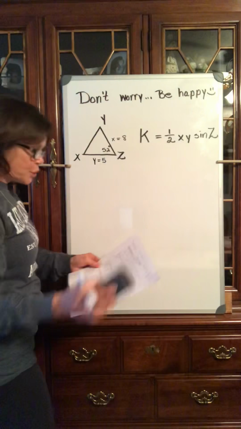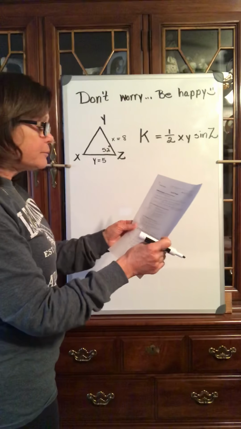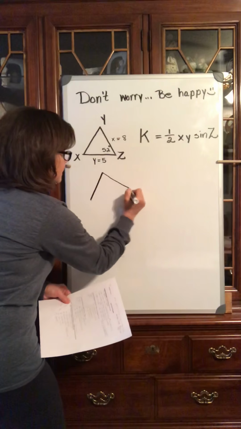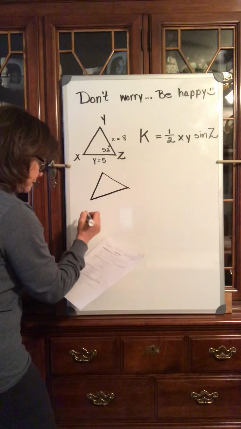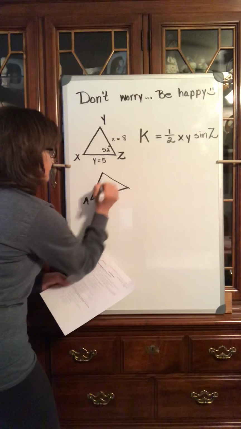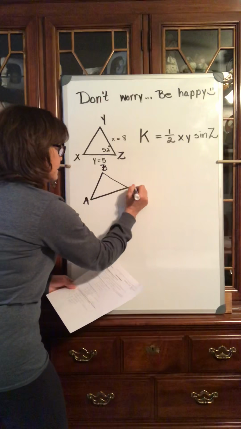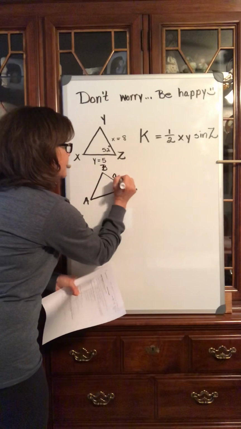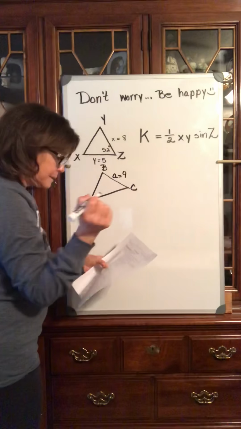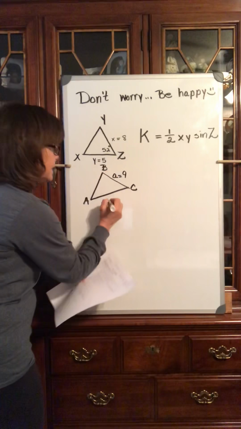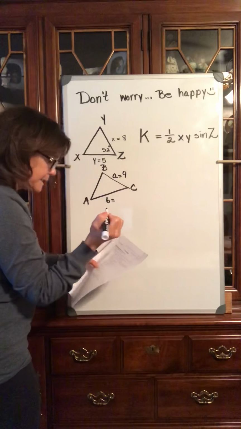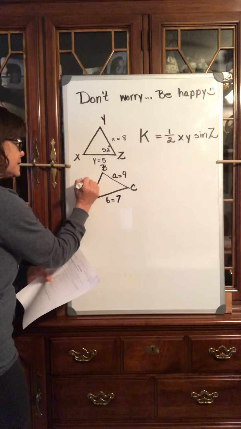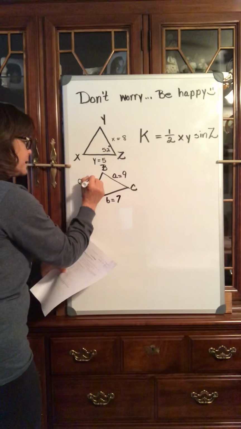In example number 2, find the area of triangle ABC. Again, not a right triangle. If lowercase a, so side A, is 9 meters, side B, which would be across from angle B, is 7 meters, and side C, which would be across from angle C, is 5 meters.